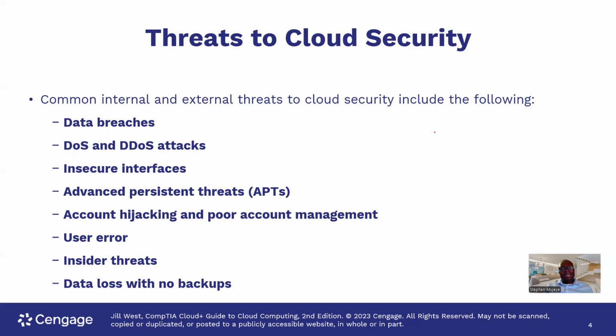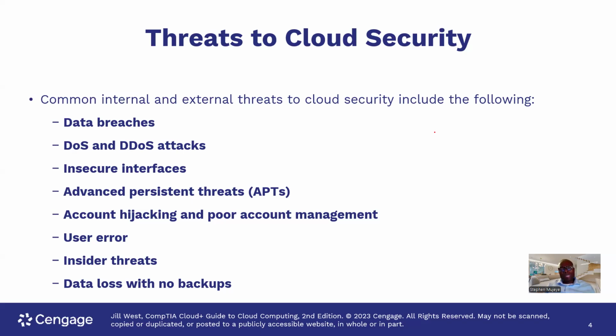Account hijacking and poor account management. You'd be surprised that in some environments, MFA may not be configured, right? So that goes around poor account management, user error. Insider threat is real. This is a threat that comes from employees, which is why implementing zero trust is really crucial, right?